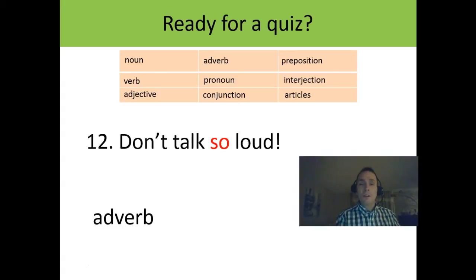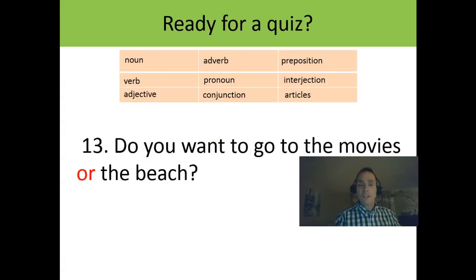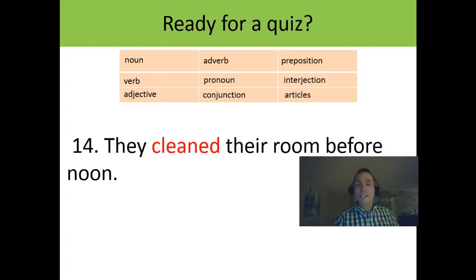Okay, now number 13. Do you want to go to the movies or the beach? Now that's a word that's joining other words together, and we would call that a conjunction. Okay, very good if you got it. And number 14, they clean their room before noon.